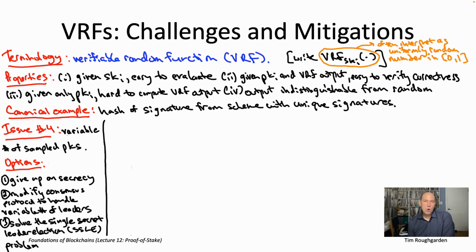So at the state of the art at the moment, speaking in early 2023, we have in principle solutions to the SSLE problem. There are constructions that in principle give us what we want. None of those have been deployed, so the practicality of any of these approaches is still sort of an open question. So I would say this is on the very, very cutting edge of proof-of-stake blockchain design.